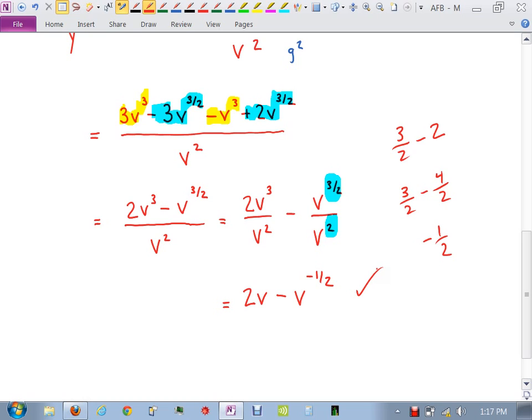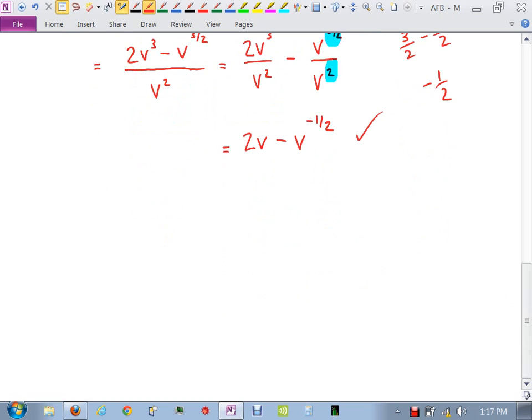Okay, good. Next question. Same section. F of t equals 2t over 2 plus root t.